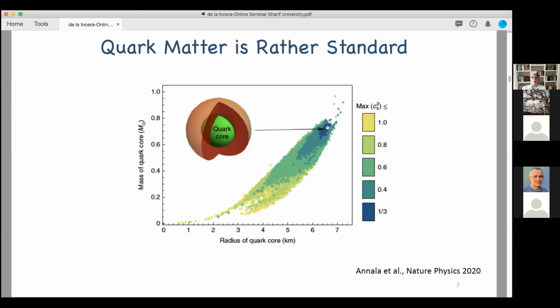And what they found is that practically all the massive stars that satisfy the constraints they imposed had a quark matter core. That's the main result of the paper. So that's why they say it is rather standard and not exotic, because there are massive stars we already know. We have observed that. Thanks.